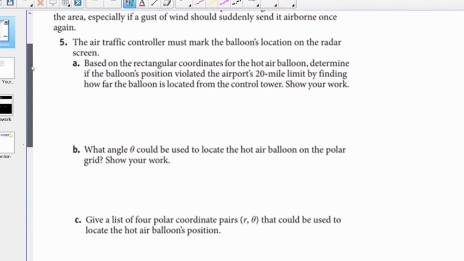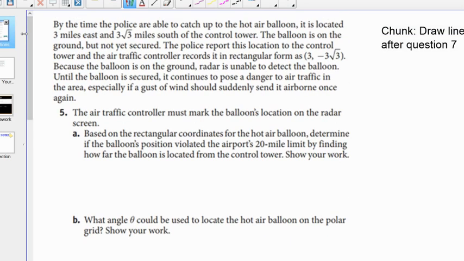when we talk about converting this other direction, we want to think about it as if we knew the rectangular coordinates. In this case, we're at 3, negative square root 3, so we would be down here. What if we wanted to figure out the theta and the r going from these rectangular coordinates to polars?